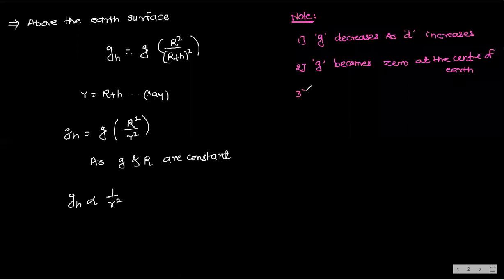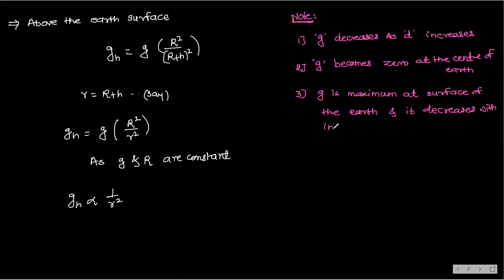Now, next note point. G is maximum, bolo. G is maximum at the surface of the earth, and it decreases with increase in height and depth also.